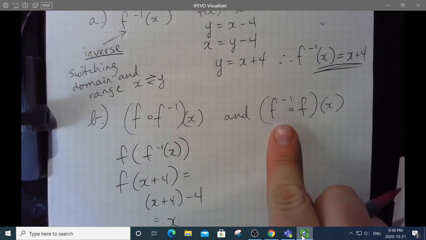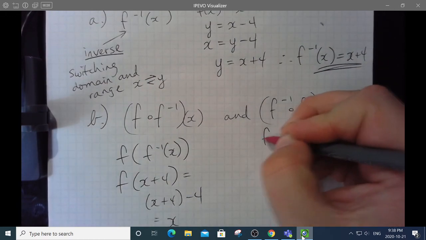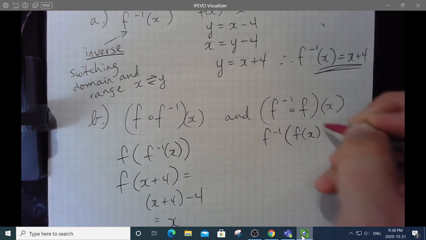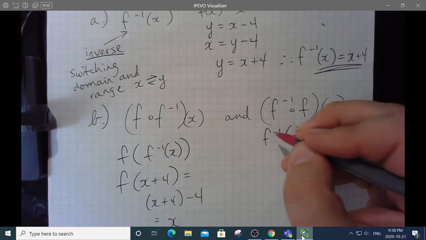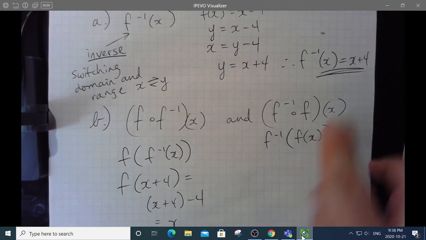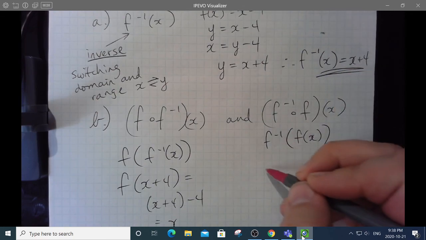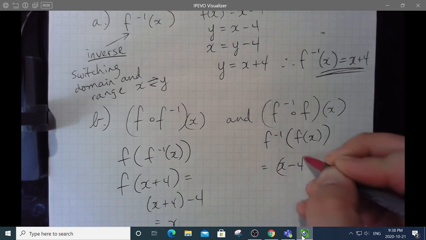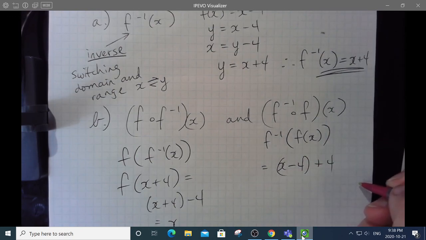What about here? What if I did it backwards? What if I found f to the negative 1 of f of x? So I'm going to plug f of x into f inverse. So f of x is x minus 4, and I'm going to plug that into x plus 4. So that's going to be x minus 4 plus 4. Oh, that's also x. And guess what?